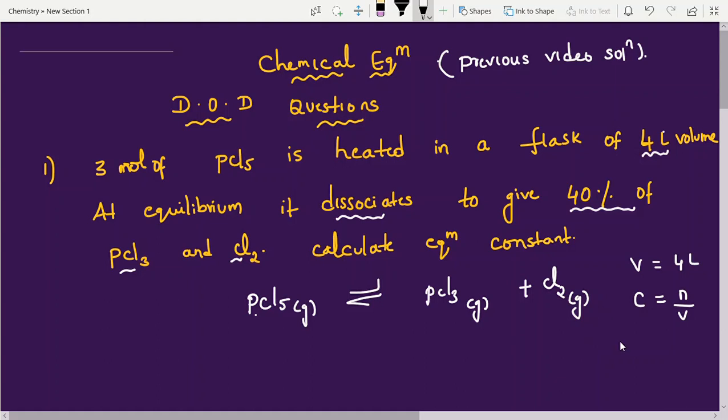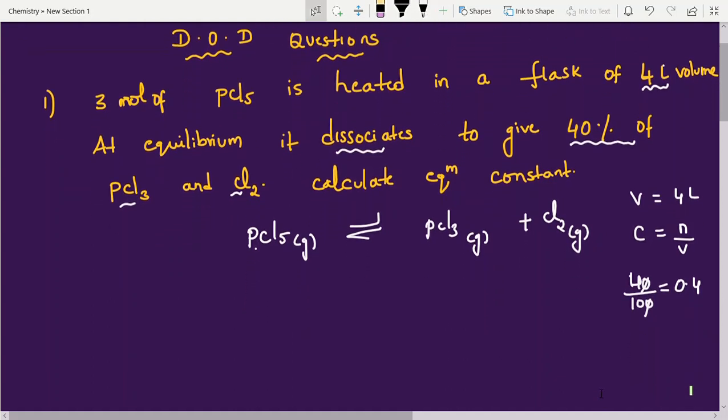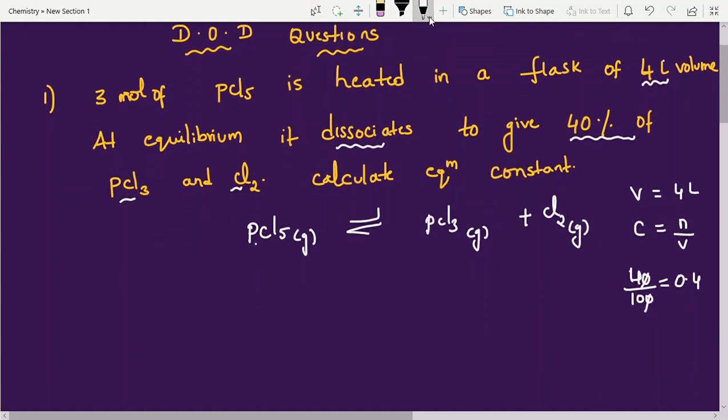Now, what is the next information? At equilibrium, it dissociates to give 40% of PCl3 and Cl2. See, this 40% is nothing but 40 by 100, so you will get 0.4. So 1 mole means how much, students? 1 mole means 0.4. I gave the best trick also in the previous video.